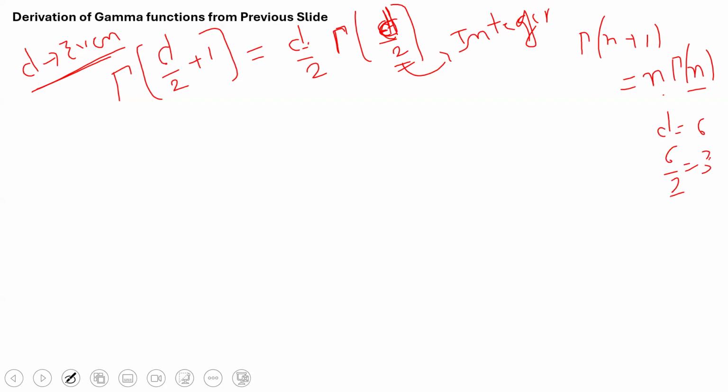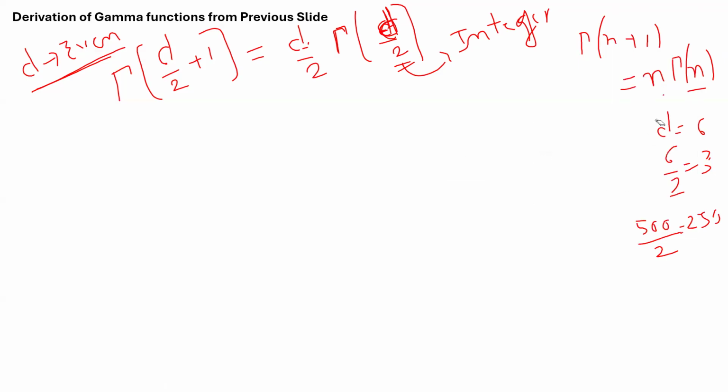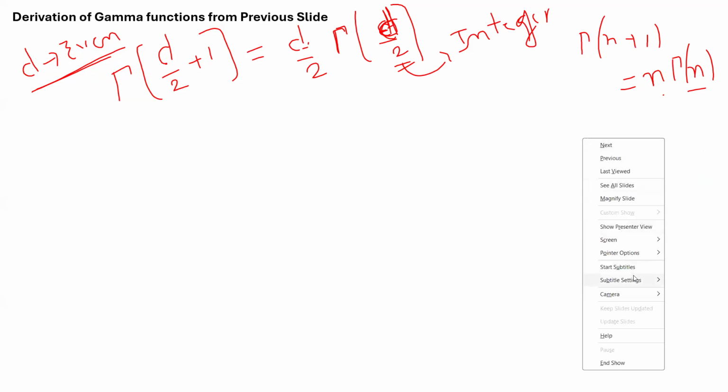Let's take d as 500, which is an even number. By 2, that becomes 250, again an integer. So when d is even, d by 2 will always become an integer. When z is an integer, what is the formula of gamma of n?